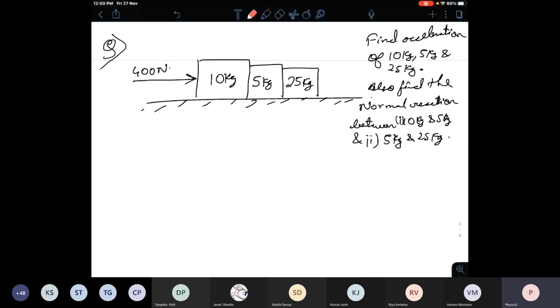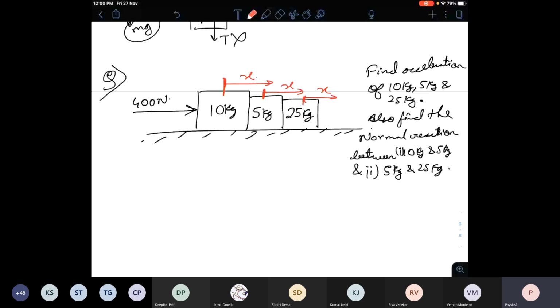When I'm pushing the three blocks, whatever displacement the 10 kg block shows, the same displacement will be shown by the 5 kg and the same displacement will be shown by the 25 kg. If they have the same displacements, and if you differentiate those displacements, they will have the same velocities also.